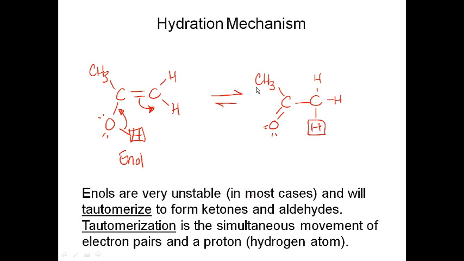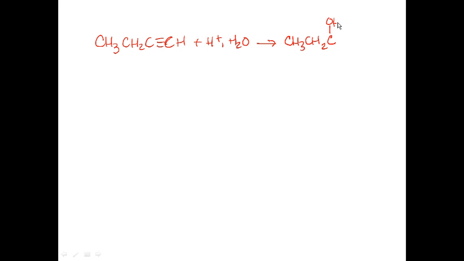So if I was to do a reaction of this terminal alkyne and react it with H plus H2O, you know, if you want to, you could write the initial product, which would be, in this case, the enol, and then realize that that enol then undergoes tautomerism to form my ketone.